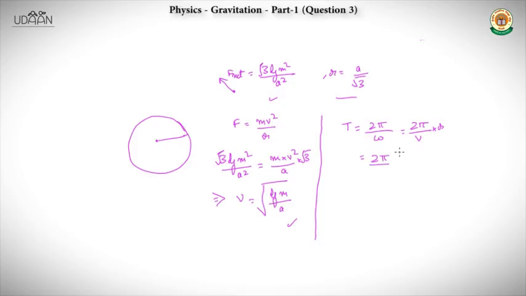Velocity is equivalent to under root Gm upon a, and radius is equal to a upon root 3, so this will come out to be a square into 3. So the final solution would be 2 pi upon under root a cube into 3 Gm. This would be equivalent to the time period. So this is the solution for you: this is the velocity and this is the time period.